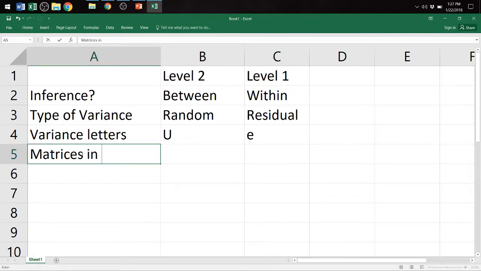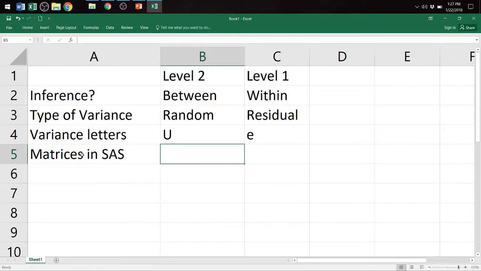Matrices in SAS and a lot of other places. Where do the U random effects variances and covariances live? I'll give you this as multiple choice.